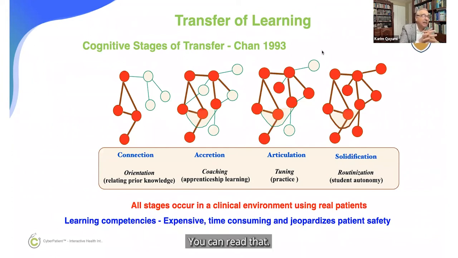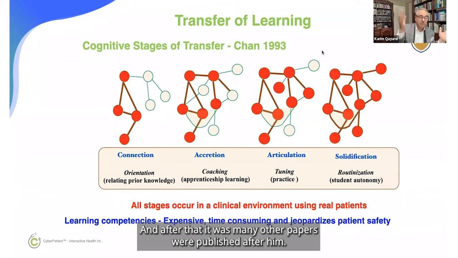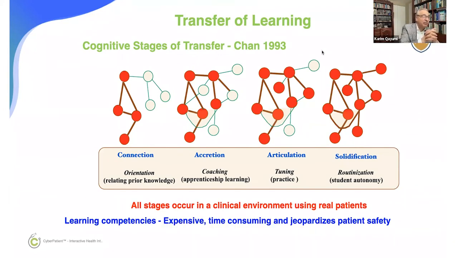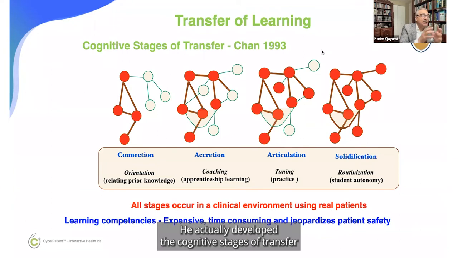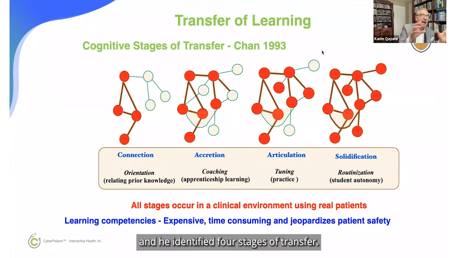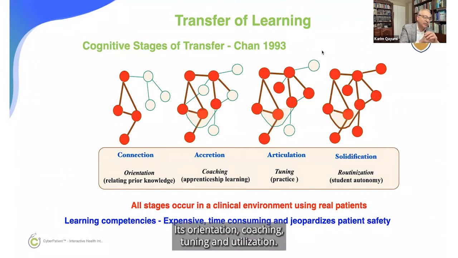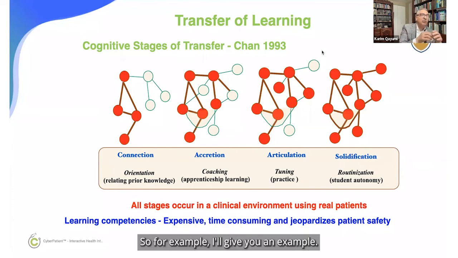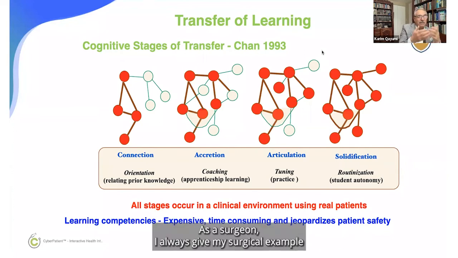You can read that, and after that, many other papers were published. He actually developed the cognitive stages of transfer, and he identified 4 stages of transfer: orientation, coaching, tuning, and routinization. So, for example, I'll give you an example. As a surgeon, I always give my surgical example.